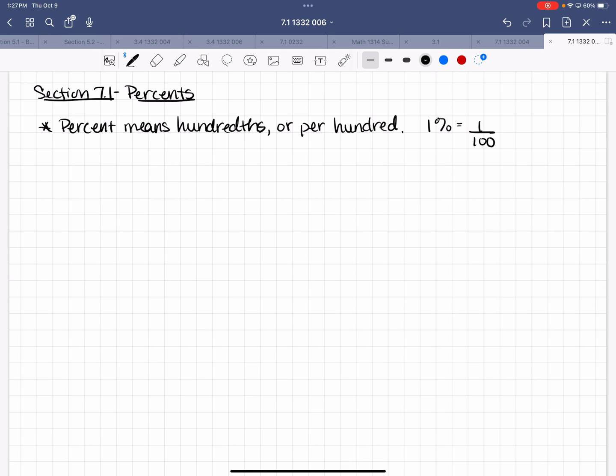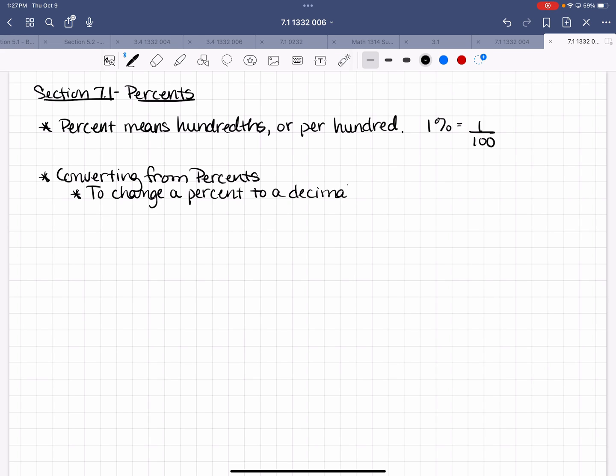Let's write a couple rules of converting from percents. If I'm going to change a percent to a decimal, we're going to drop the percent sign and move the decimal 2 places left.